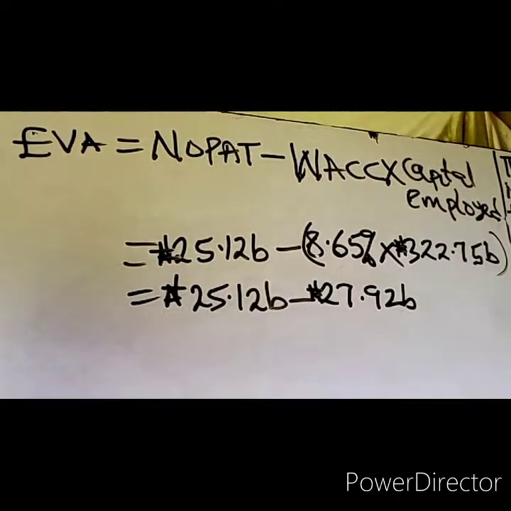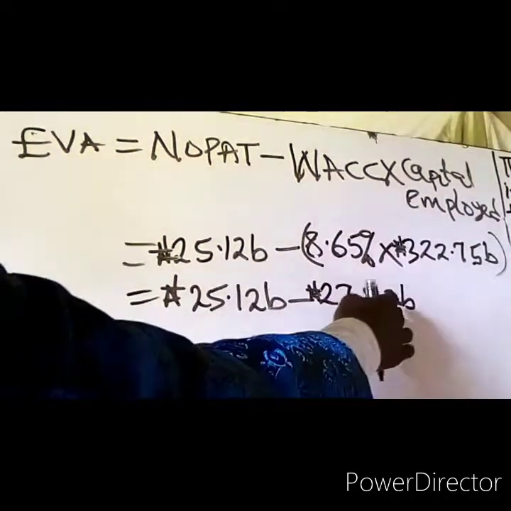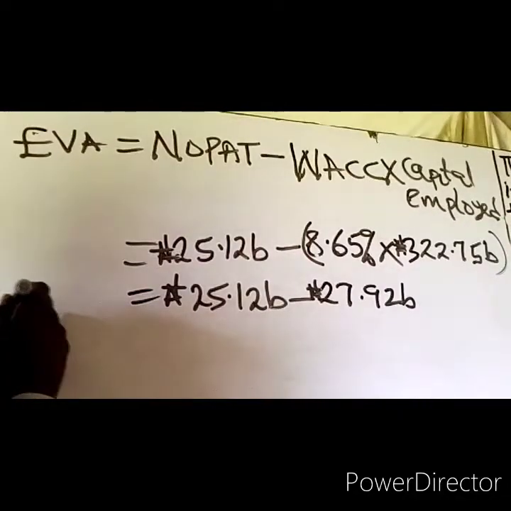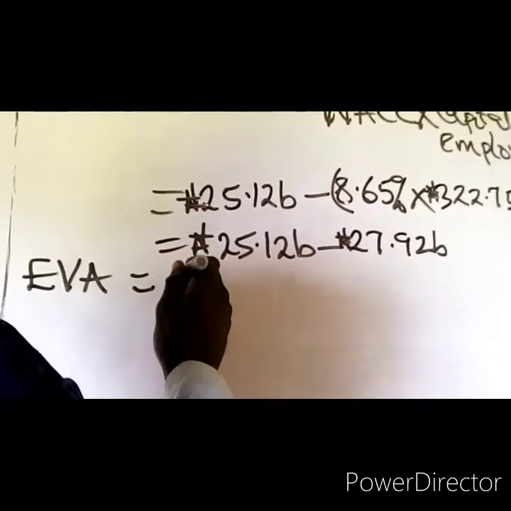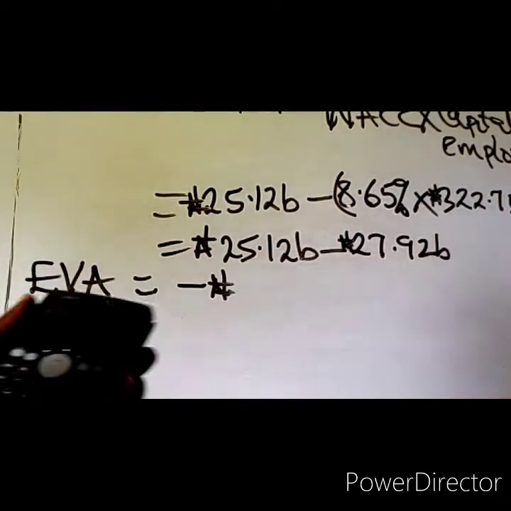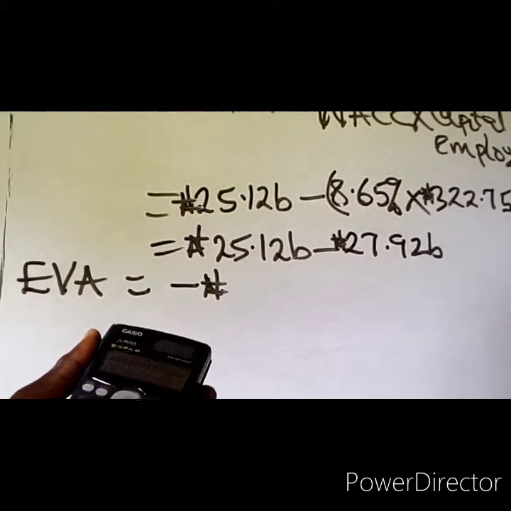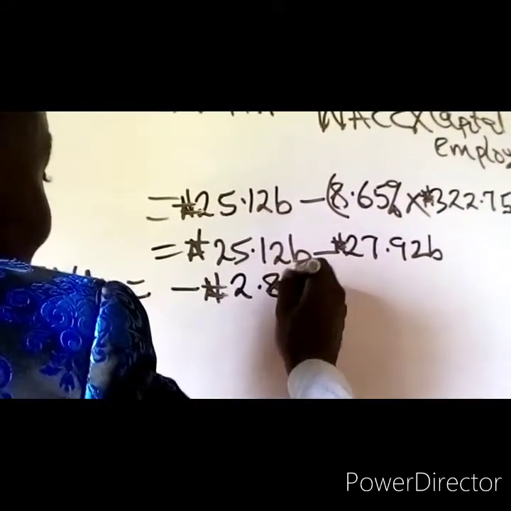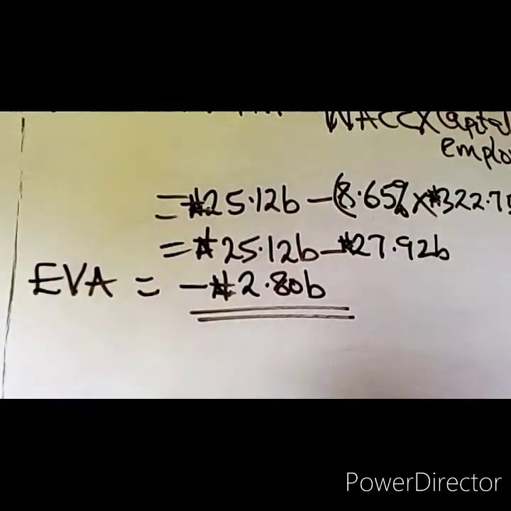If you now subtract 27.92 billion from 25.12 billion, EVA will be minus 2.80 billion naira. This is negative EVA.